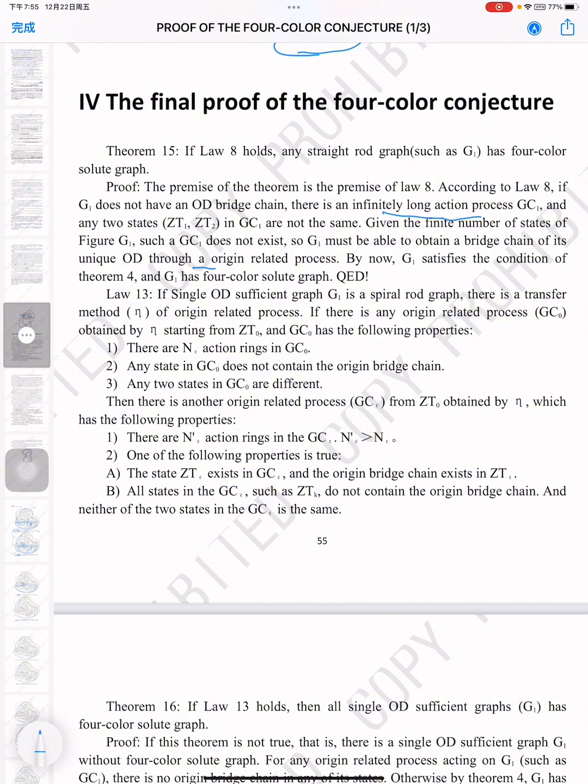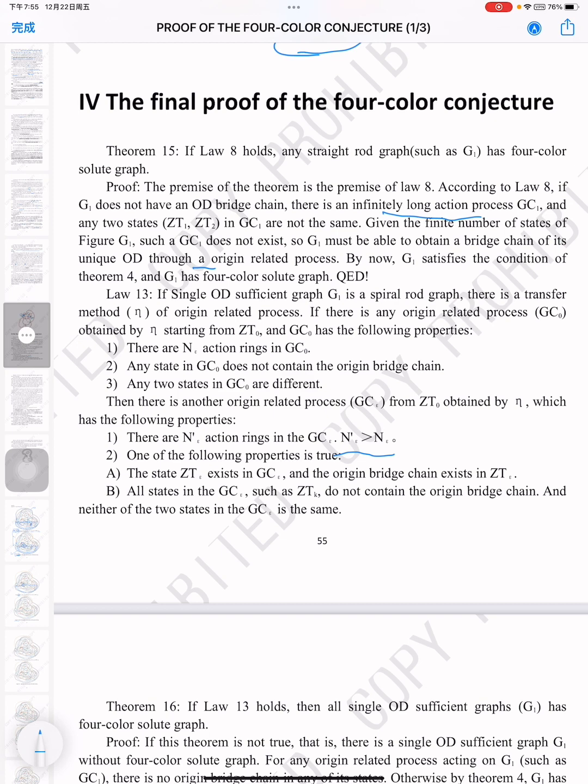Any state in GC0 does not contain the origin-region bridge chain. 3. Any two states in GC0 are different. Then there is another origin-related process, GC' initial from ZT0 obtained by eta, which has the following properties. 1. There are n' initial acting rings in GC', and n' initial is greater than n initial.